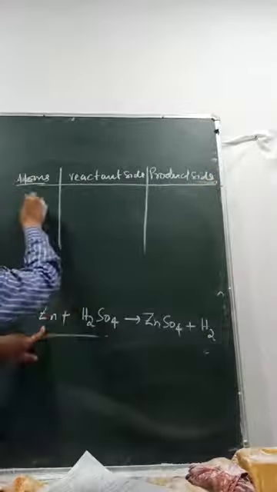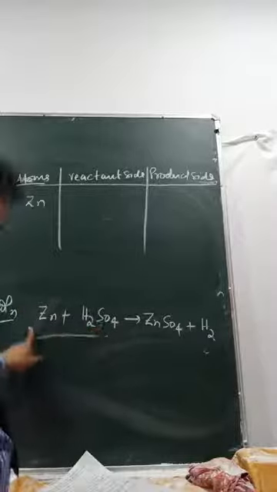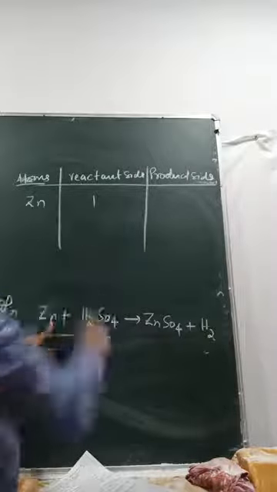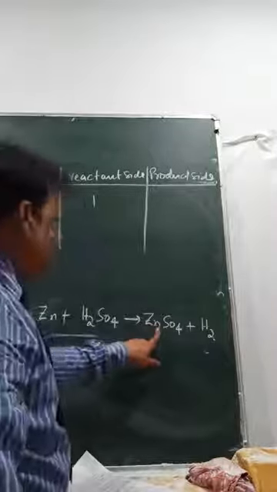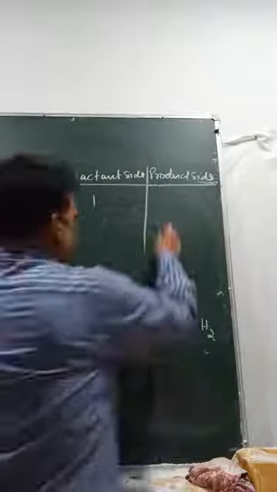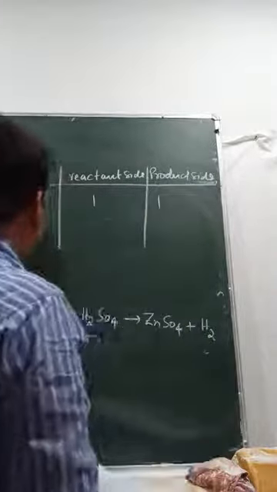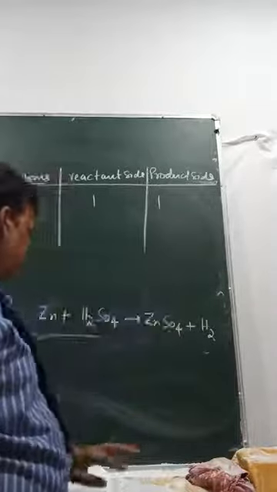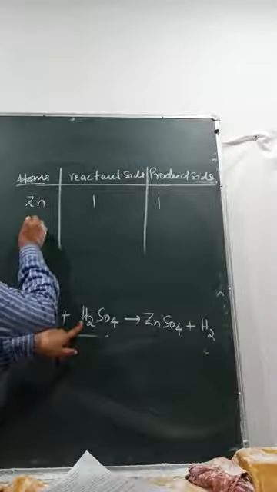First let's take Zn. On the reactant side Zn is one atom. On the right side Zn is also one atom. That means zinc is balanced.